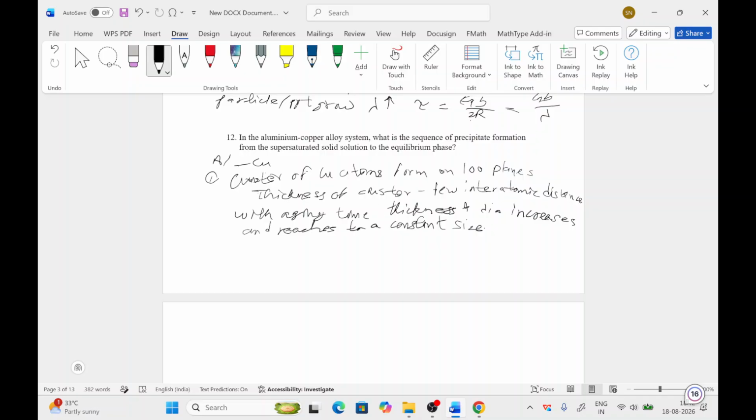So at room temperature, the size is 3 to 7 nanometer, and at high temperature, 100 degrees Celsius, 10 to 15 nanometer thickness can be achieved.